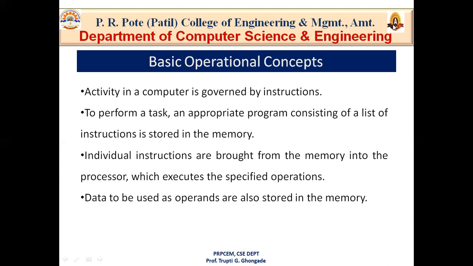So what is the result of 3 plus 5? That is 8. It is temporarily stored in memory for later use. That means after that, this 2 is to be subtracted from this 8. So these temporary results are stored in a buffer register for later use. So after execution, your result is either given to the user through an output device, or it is stored in the memory for later use.